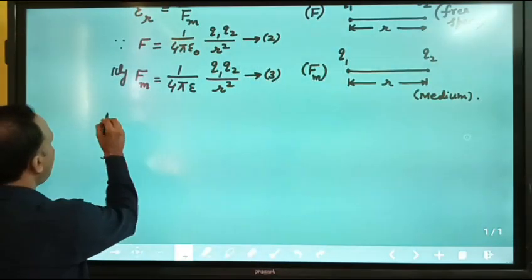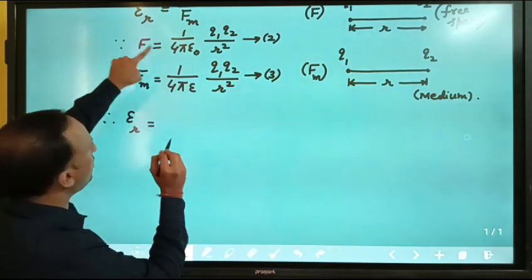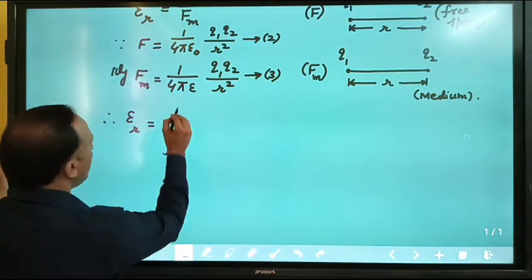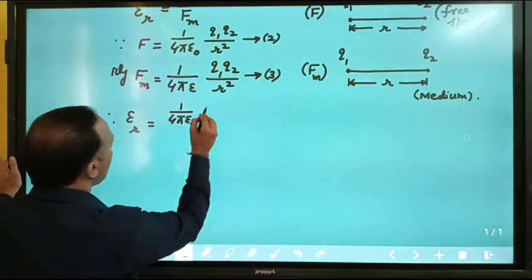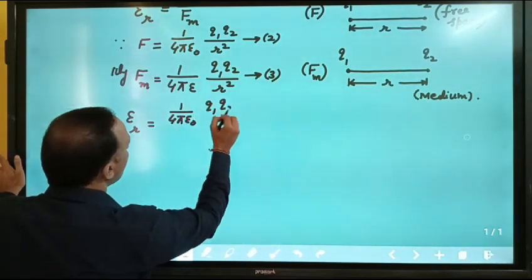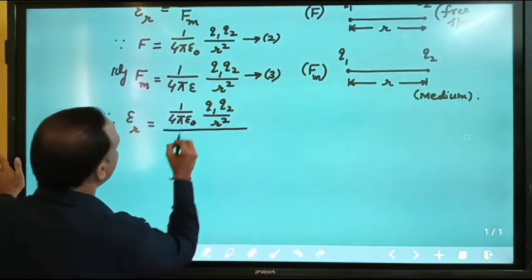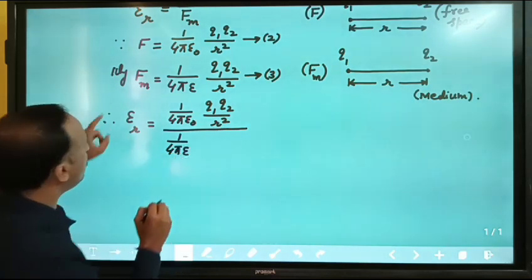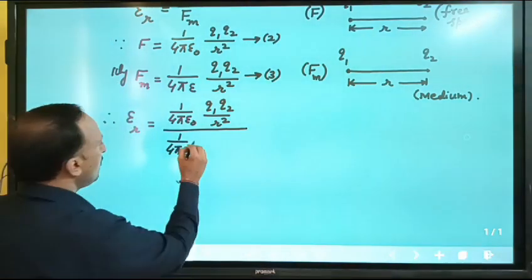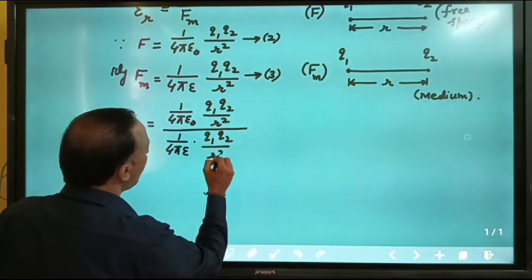The relative permittivity epsilon r is equal to F divided by Fm. Here F is 1 upon 4 pi epsilon naught, Q1 Q2 divided by r square, and this factor is further divided by 1 upon 4 pi epsilon, which is the value for Fm, multiplied by Q1 Q2 divided by r square.